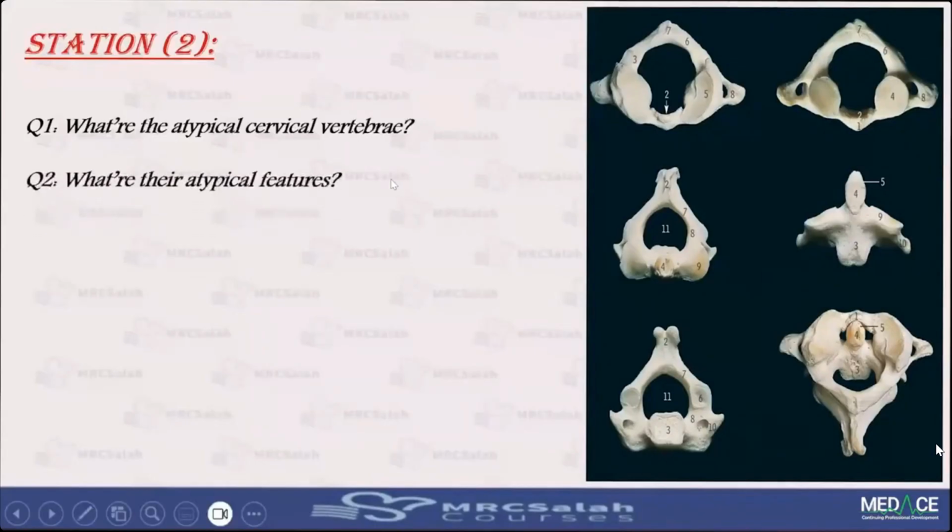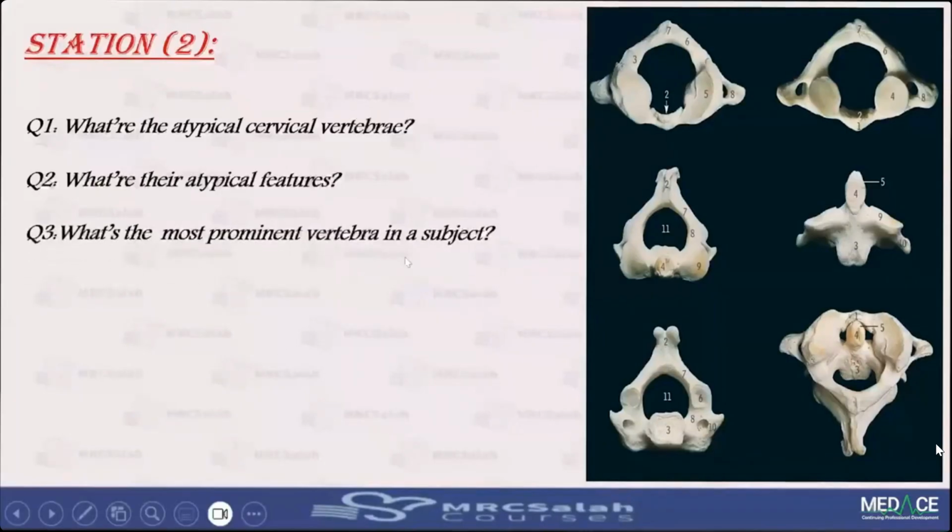And what are their atypical features, please? So C7 has a long spinous process and small transverse foramen. C2 has the odontoid process and a bifid spinous process. C1 has no body and no spinous process.